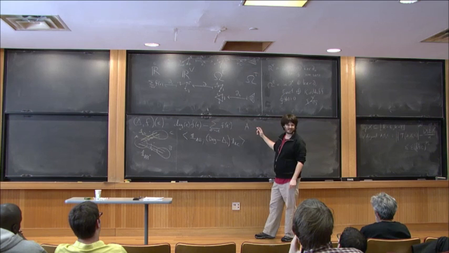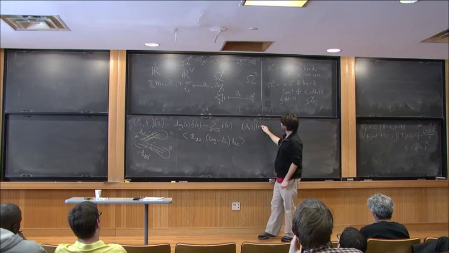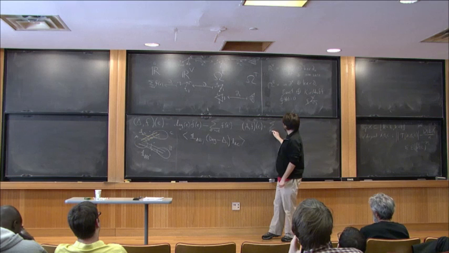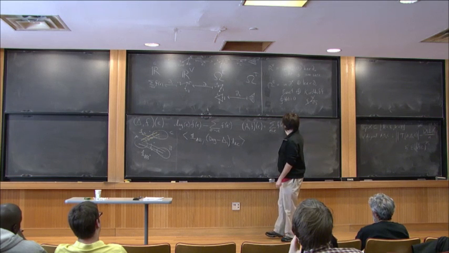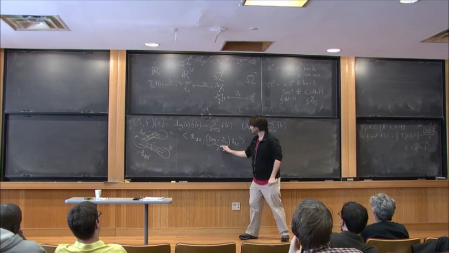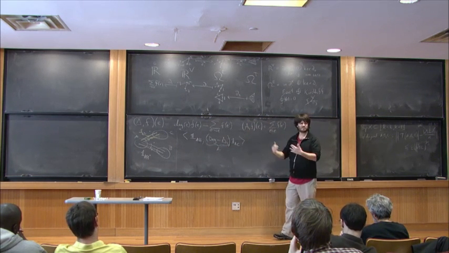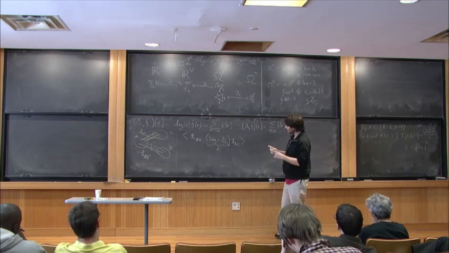So let's call the first adjacency operator the one that gives to an edge the sum over the neighbors. So this is really the adjacency of directed edges.